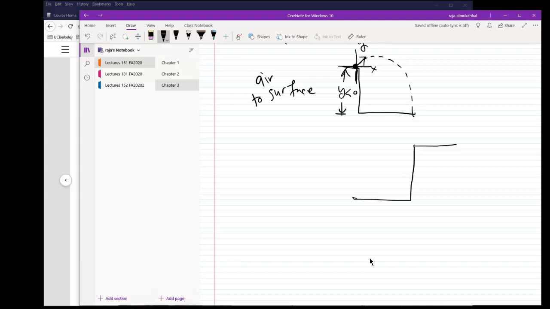So here we're starting with the velocity, here's the angle of projection, and it goes up like that. See that? So here, this is the height. See the difference between this height and this height? This one is surface to air. See the difference between the two?